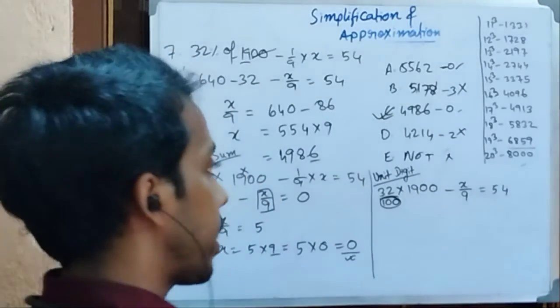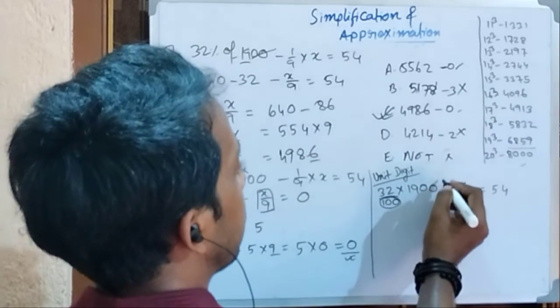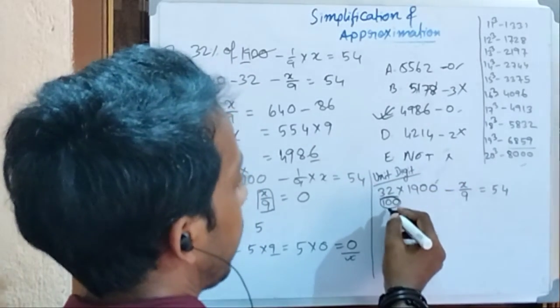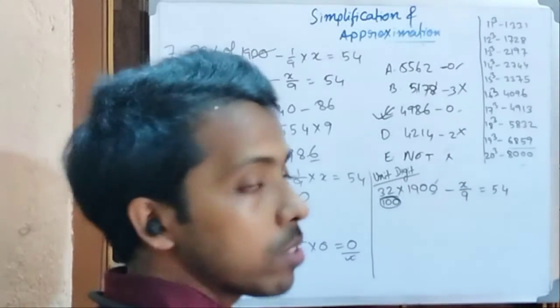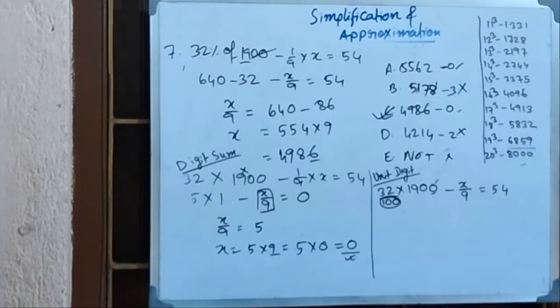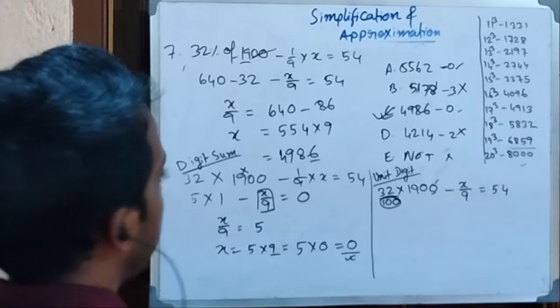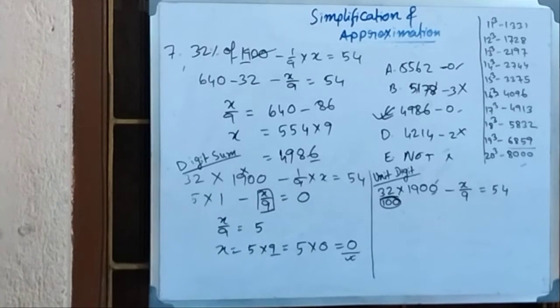For unit digit checking, I have to take this by 100, because otherwise the unit digit changes here. If I do not take 100 in the base, we have to take 0 as the unit digit, right? Okay, so that's why I took 100 here. In some cases you can also take it by 100, but it does not serve any significance here. Okay.